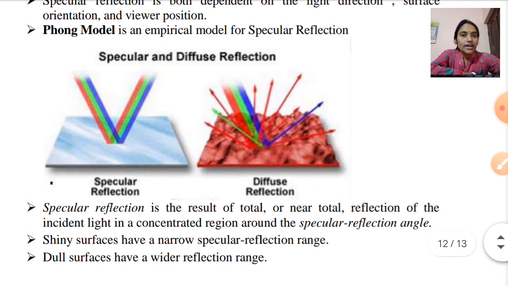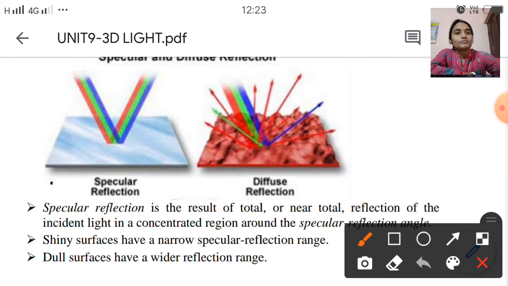In this diagram, three types of light come in at a particular position. The point is here, this one. Okay, and these three lights are reflected in the same manner. This is your specular reflection, in a shiny or glossy area.